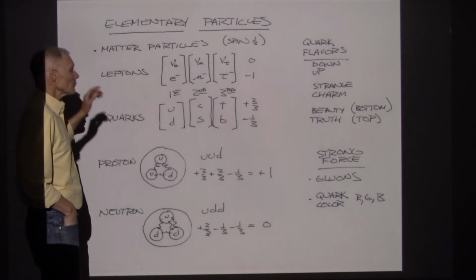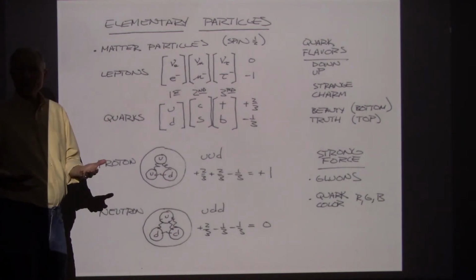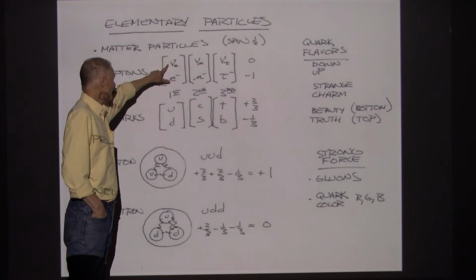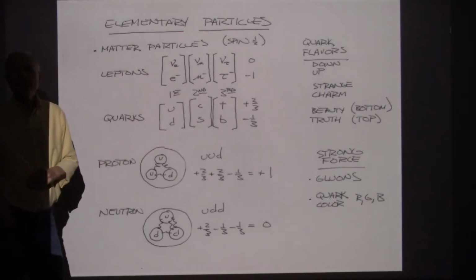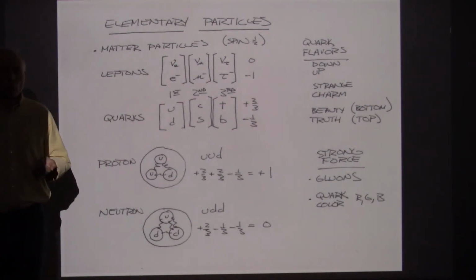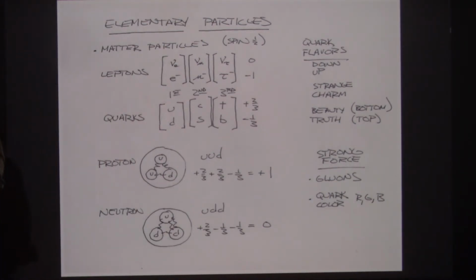So, in the fundamental particle list, electrons are fundamental, neutrinos are fundamental, protons and neutrons are not. Protons and neutrons are made of quarks, and it's the quarks that are the fundamental particles.